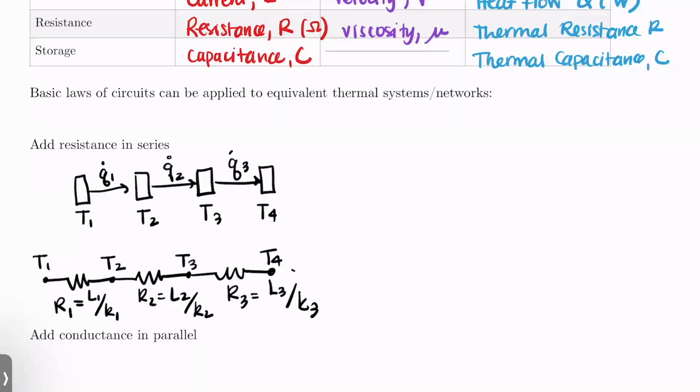All right, so if we wanted to make this into an equivalent circuit with just one resistor and T1 and T4 on either side of it, what we do is the following.